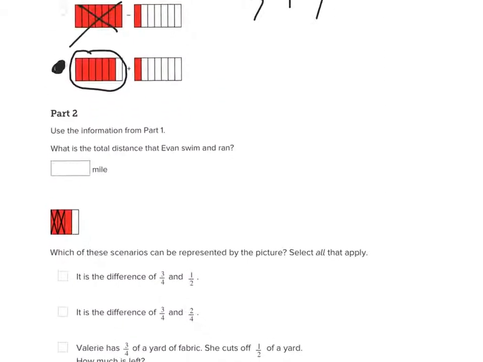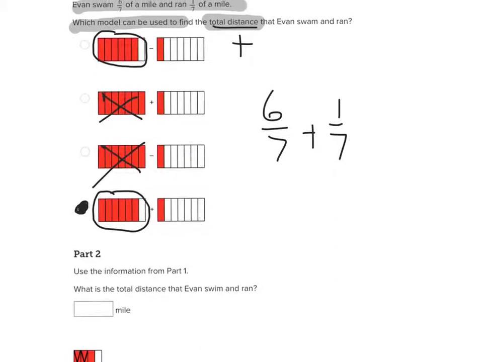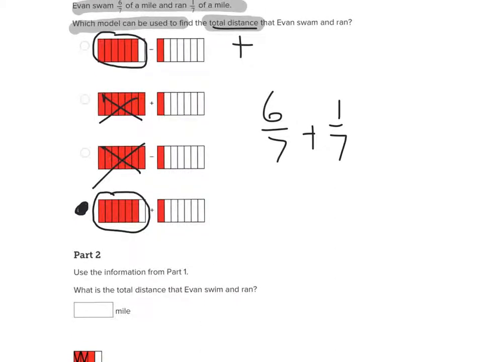Use the information from part 1. What is the total distance that Evan swam and ran? Well, the total distance, 6/7 plus 1/7. If I put the 1/7 right there, that's going to make a whole rectangle.